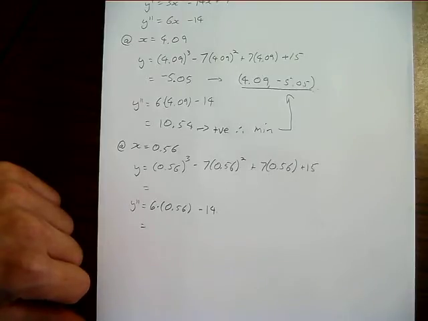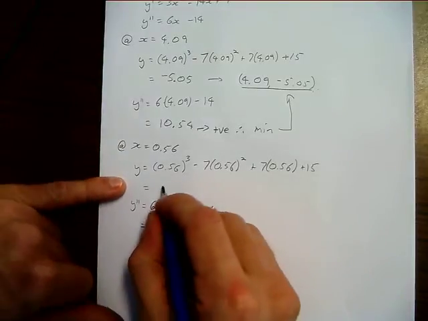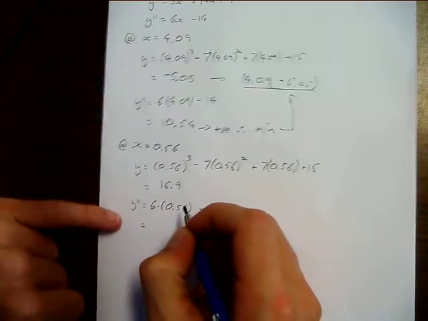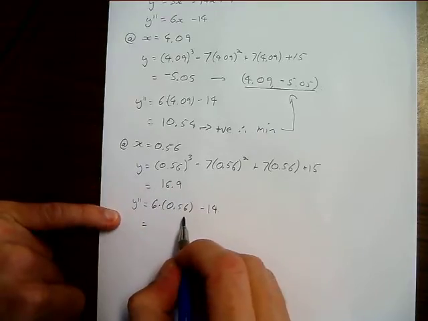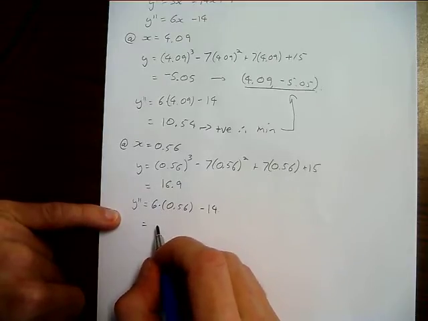What's the y value? 16.9. That sounds like it could be right. And double dash. Hopefully it's a negative. Yeah, I did it, negative.